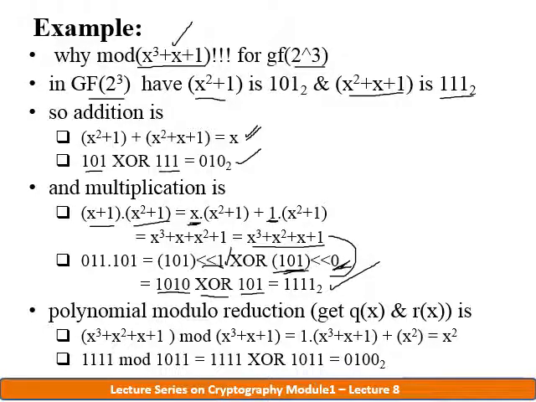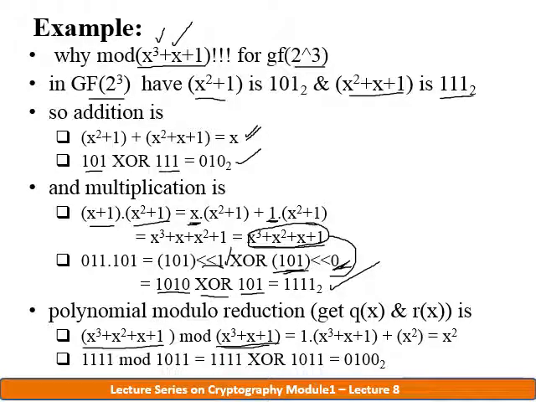After multiplying the two polynomials I got x cube plus x square plus x plus 1, and for that I am doing the mod operation with my irreducible polynomial. What is my irreducible polynomial here? x cube plus x plus 1. With that I am performing the mod.